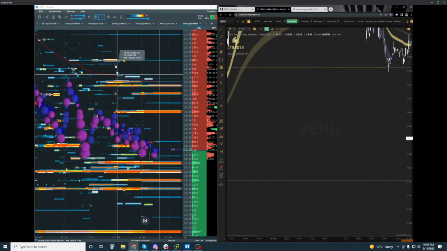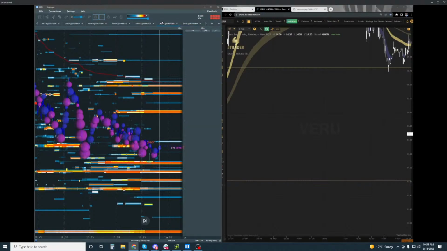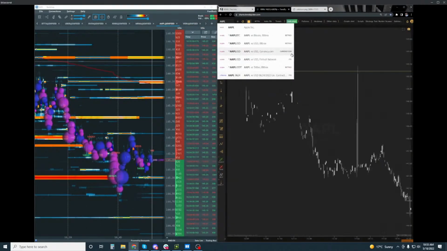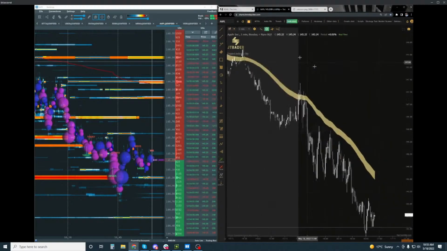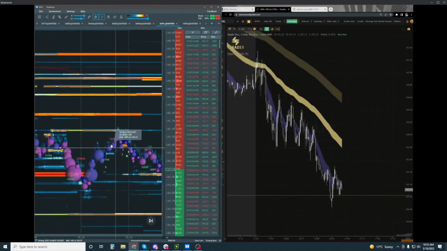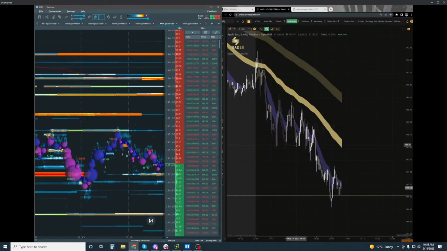So let's see, for example, Apple. Let's go back and check Apple. So remember what we said before. 145 is the level that I suggest you as a trader keep on the charts, because it was the big liquidity zone, right?